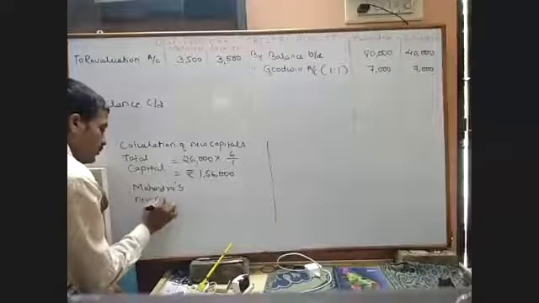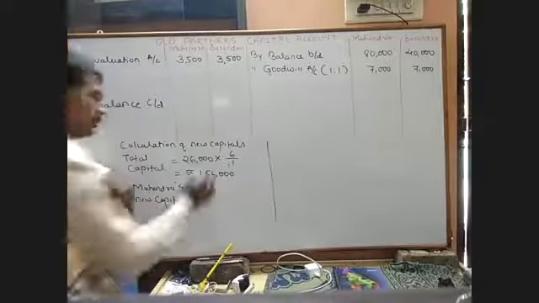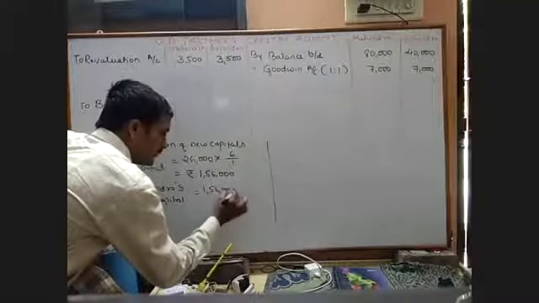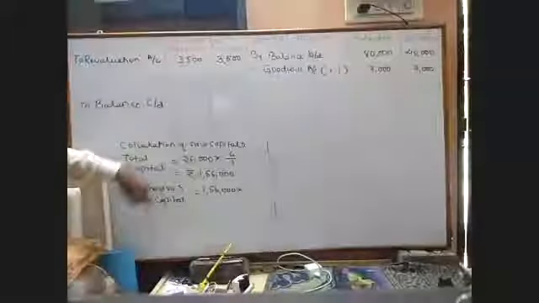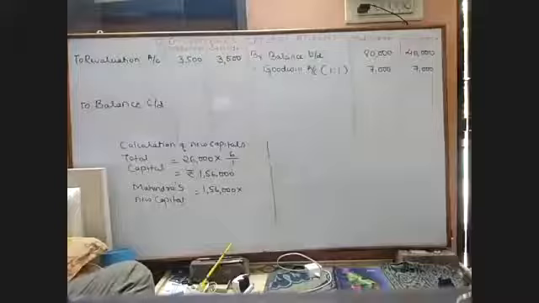Now, next, out of that, first one is Mahendra's new capital, which is equal to 1,56,000 into, you just check what is the new profit sharing ratio which is given in the problem. 3:2. New profit sharing ratio is 3 to 2.